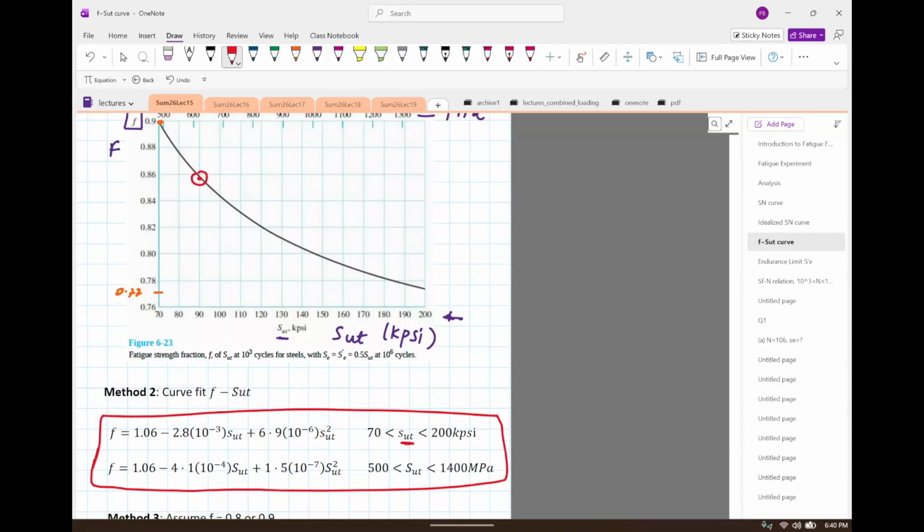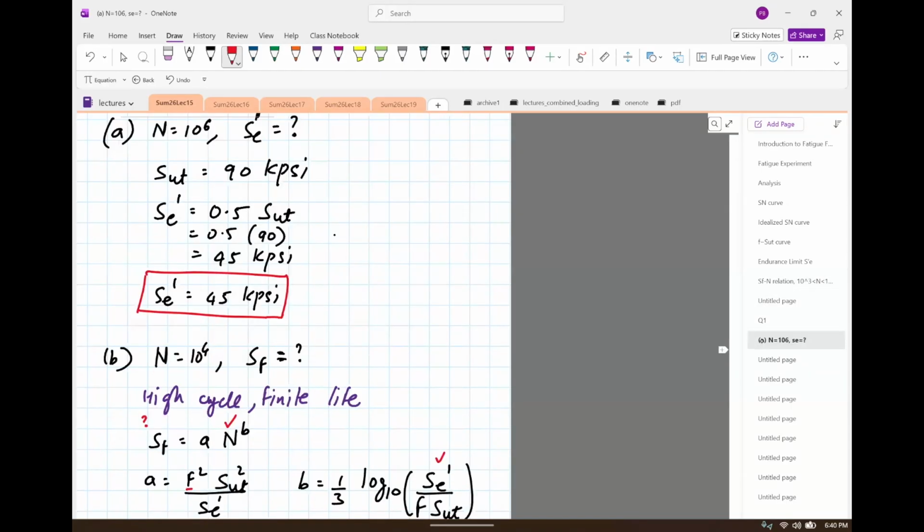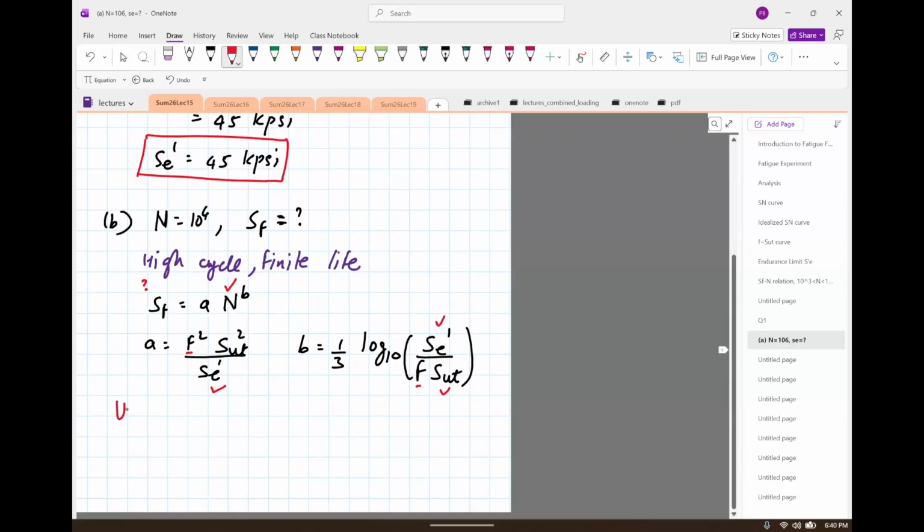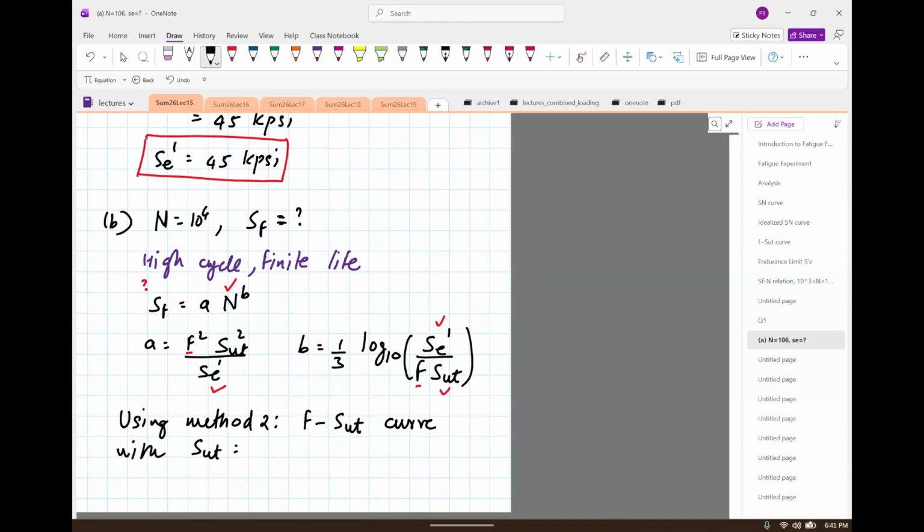So what I did was I actually used the curve fit method too. Using method 2, the F SUT curve, with SUT equals 90 kpsi, we get F equals 0.855.